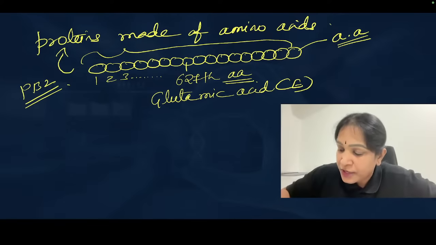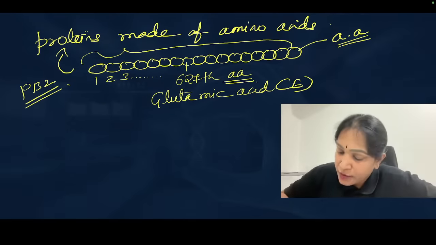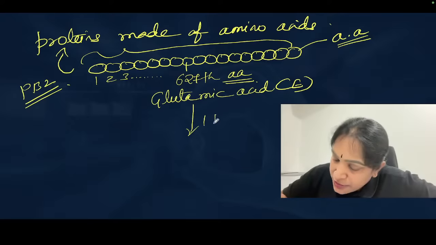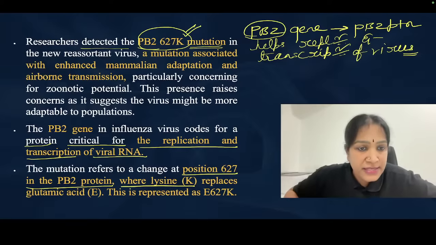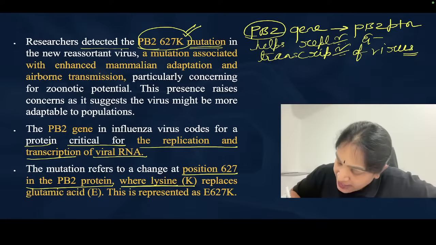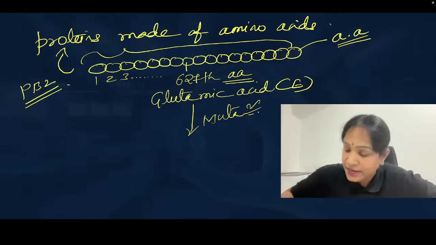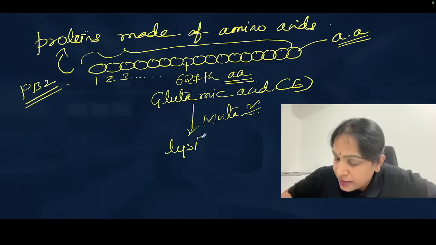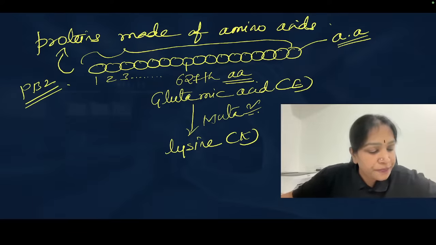Glutamic acid. Glutamic acid is represented by the letter E. Then, because of a mutation, the glutamic acid is replaced by lysine. This will get converted into lysine. Lysine is represented by the letter K.